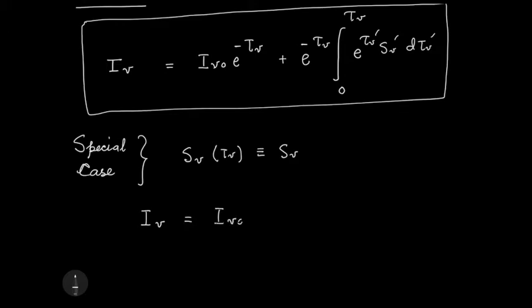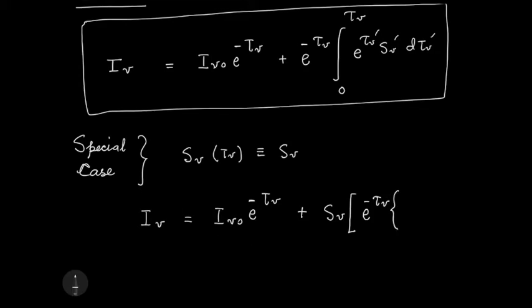So let's see what I will get. I'll get I nu equals I nu at the source e to the minus tau nu. S nu comes out, so just write S nu. And then let's try to write the rest of it.